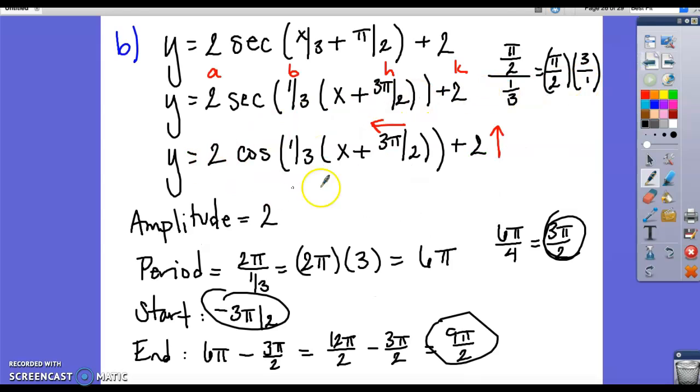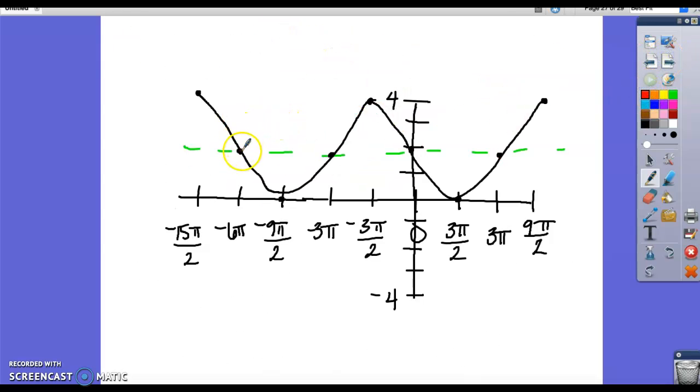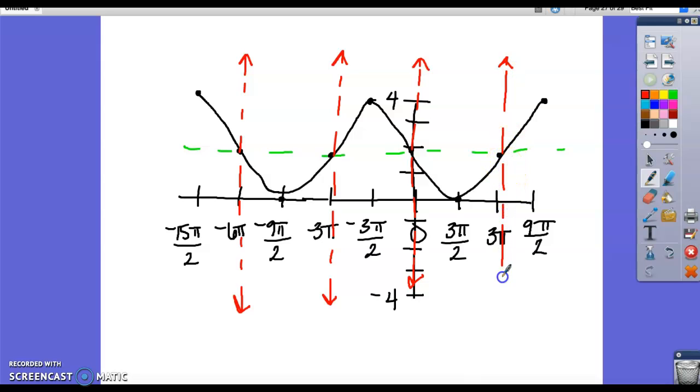Now I'm going to use the cosine function to graph the secant function. Anywhere that function crosses the midline, I've got a vertical asymptote.